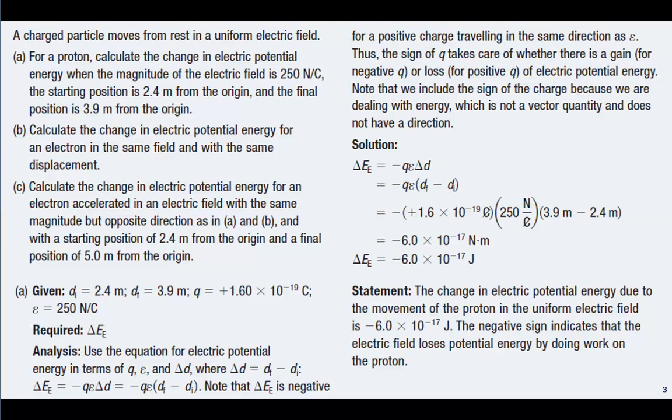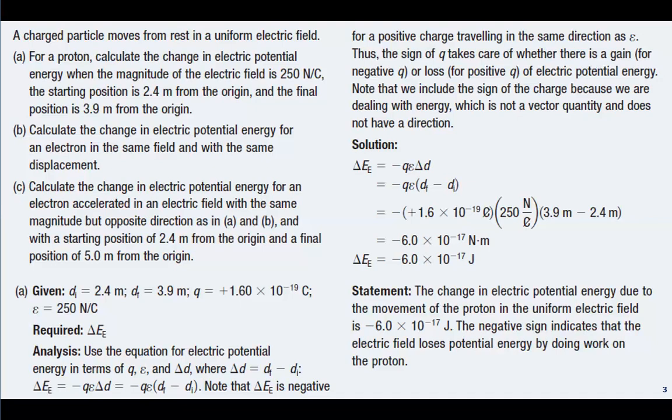Okay, so delta EE is given by negative Q epsilon times delta d, where delta d is d final minus d initial. Then put all the values in, and we have delta EE is negative 6.0 times 10 to the power of negative 17 joules. So the change in electric potential energy due to the movement of the proton in the uniform electric field is negative 6.0 times 10 to the power of negative 17 joules.